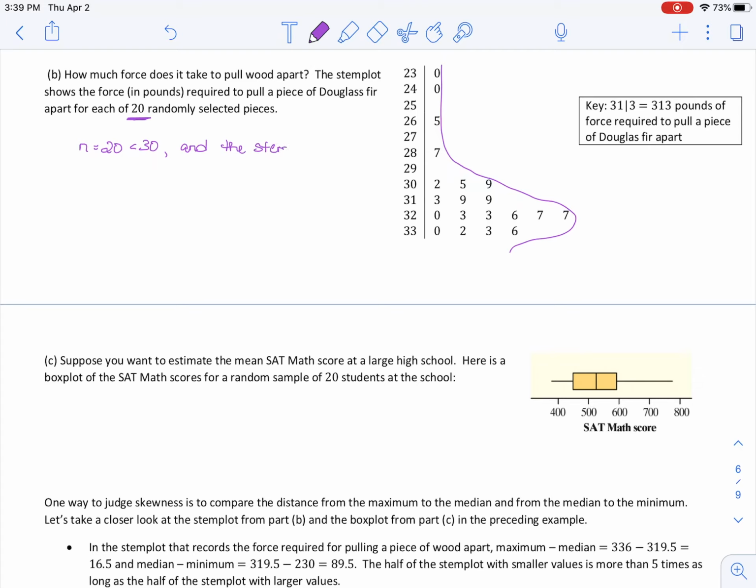Because n equals 20 is less than 30, and the stem and leaf plot is strongly skewed left, we have to say no, we don't meet those conditions.